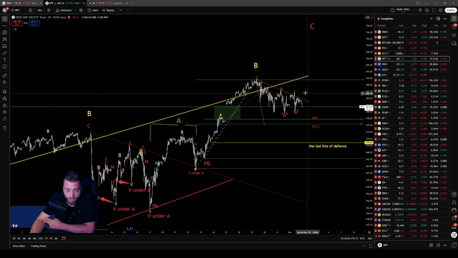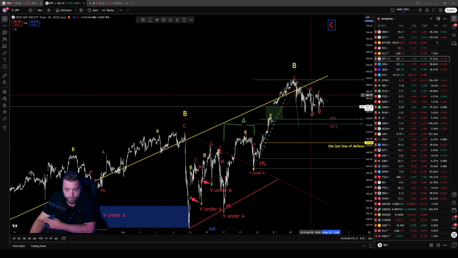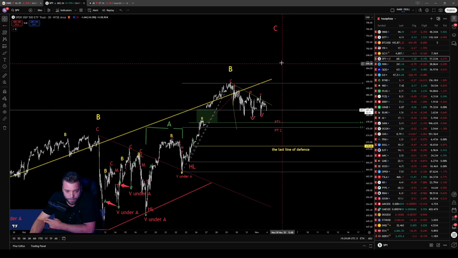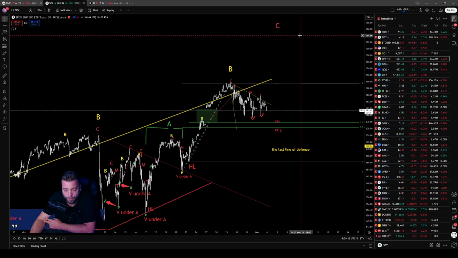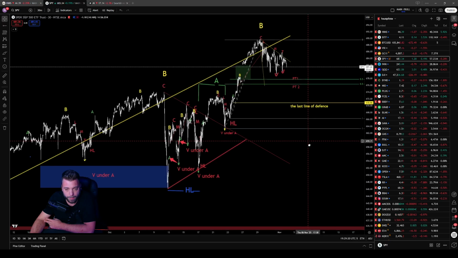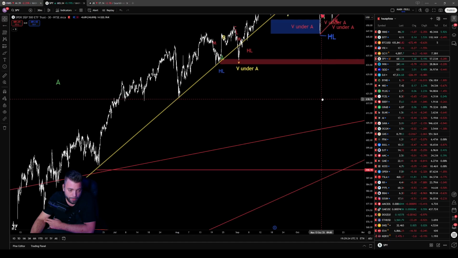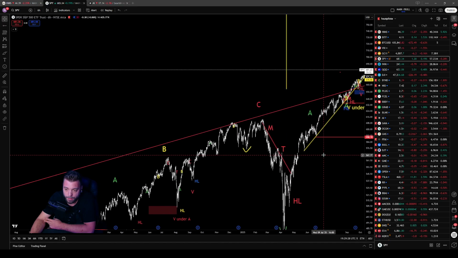All in all, I'm happy that we are finished with the B pullback. Next one is our C pullback, our C peak, and after our C, we will get, wherever it is, the full, where is it? Where is my A? I have to look at the 6.